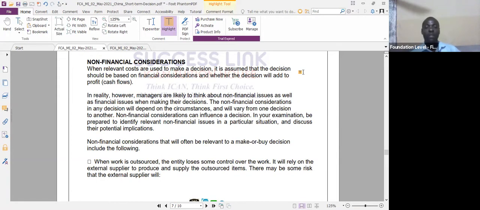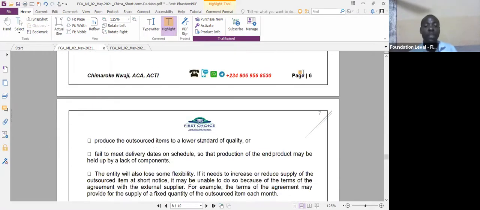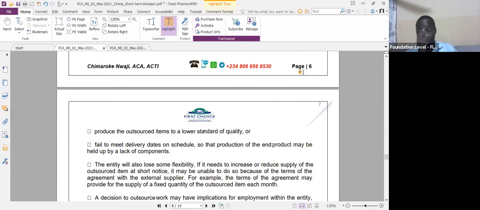So when the supplier is dragging his feet and trying to supply late, it's going to have some serious impact, especially if you have deadlines to meet. It's possible that the outsourcer may not meet our quality standard. They may use a lower quality to produce our job and be a loss to us.